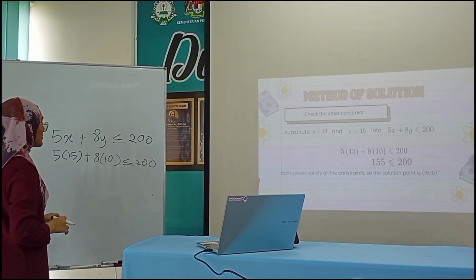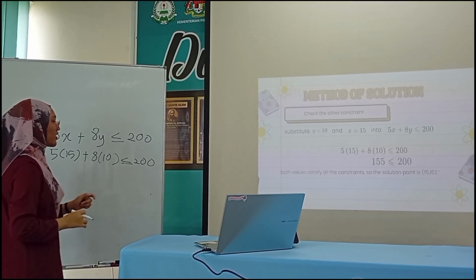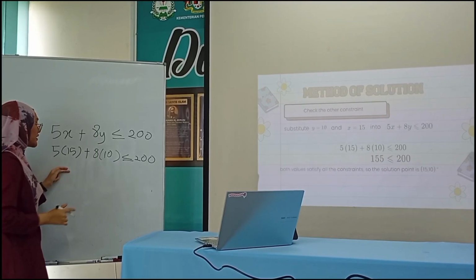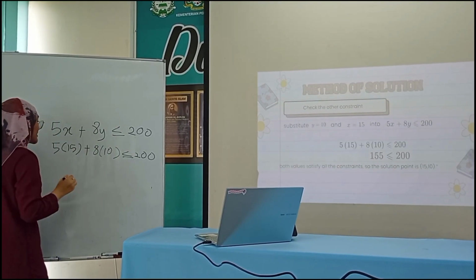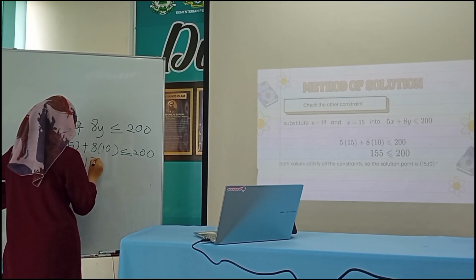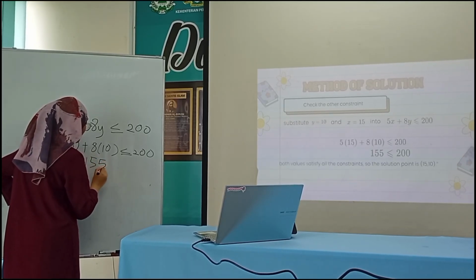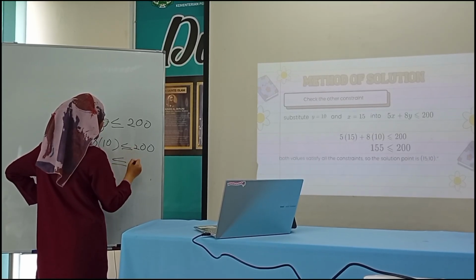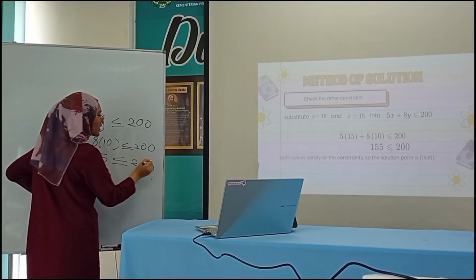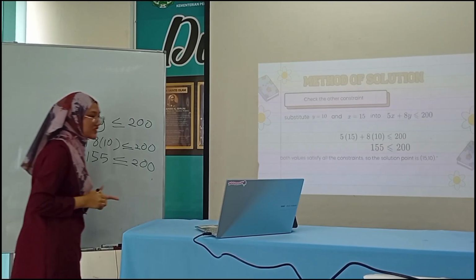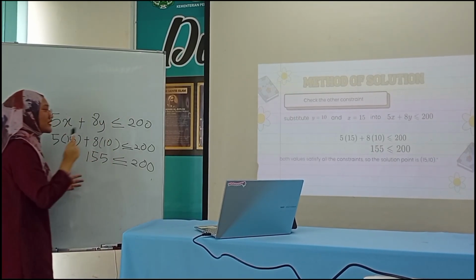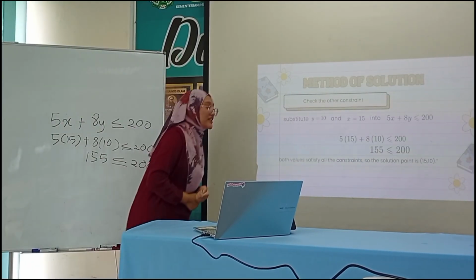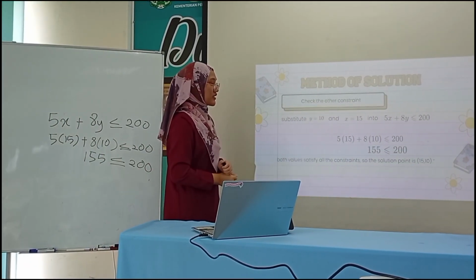Then it satisfies all constraints. We solve this, we will get 155. So 155 is less than or equal to 200. So both values satisfy all the constraints. So the solution point is 15, 10.